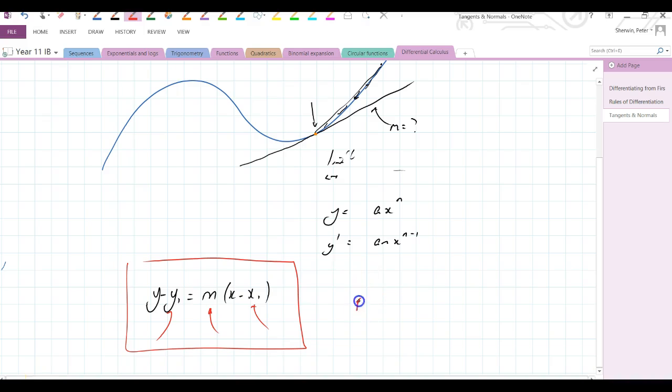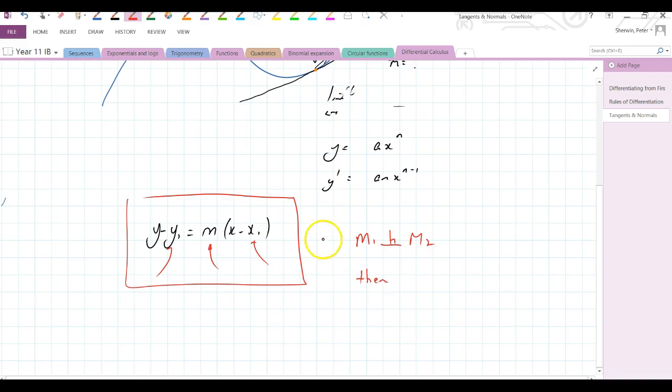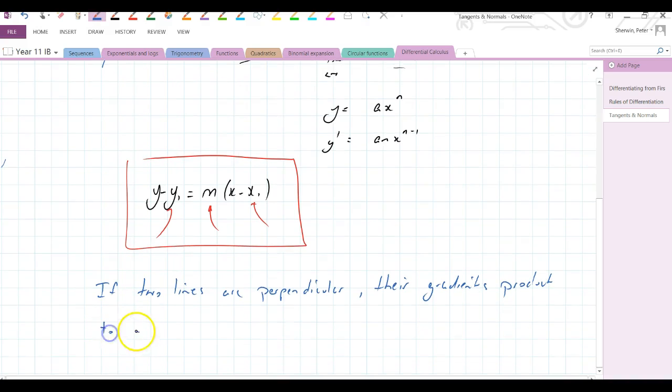So perpendicular lines. If two lines are perpendicular, their gradients product to minus 1.